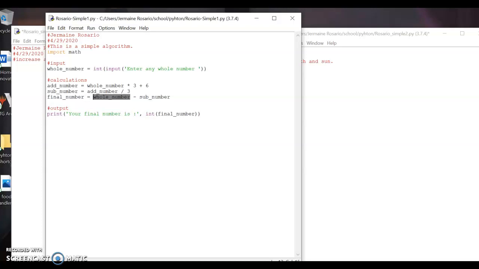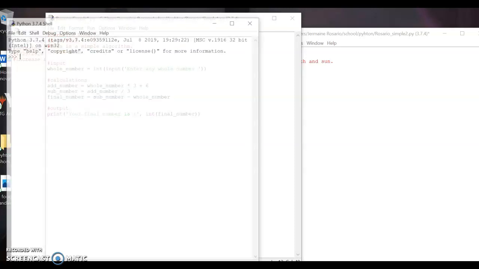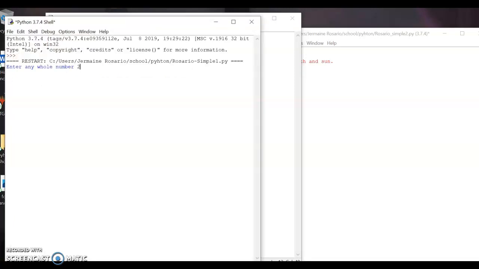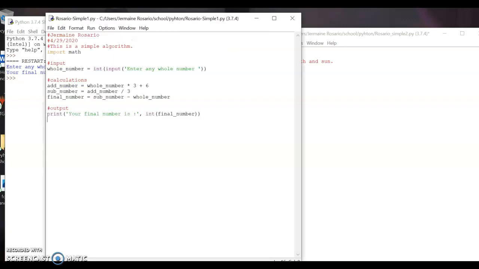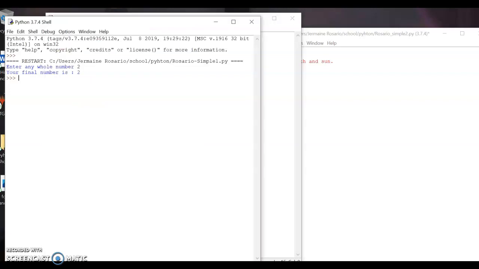And I forgot that we cannot take a number away that is bigger than the original number. So we have to take the smaller number away from the bigger number. Now that should work perfectly fine. Yes. So that is how you do that one.